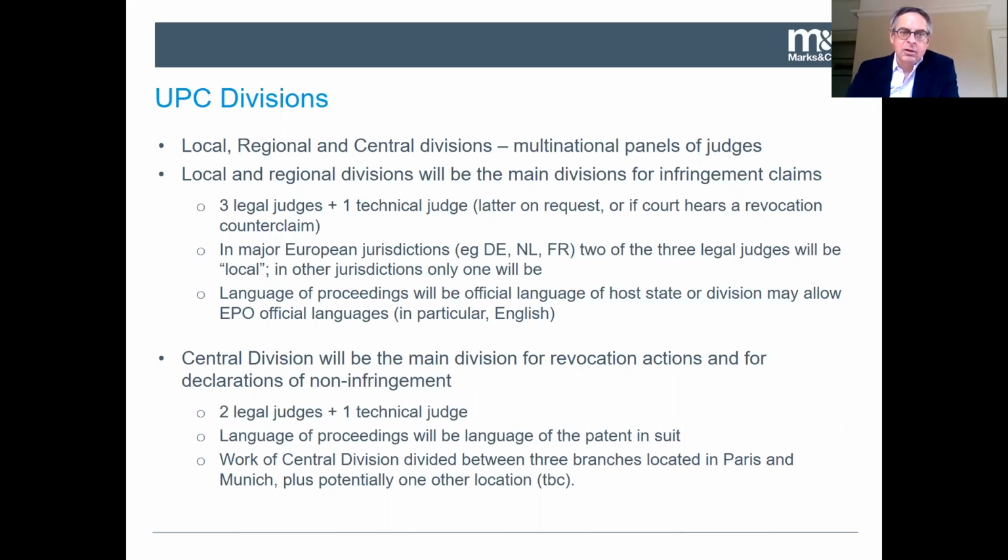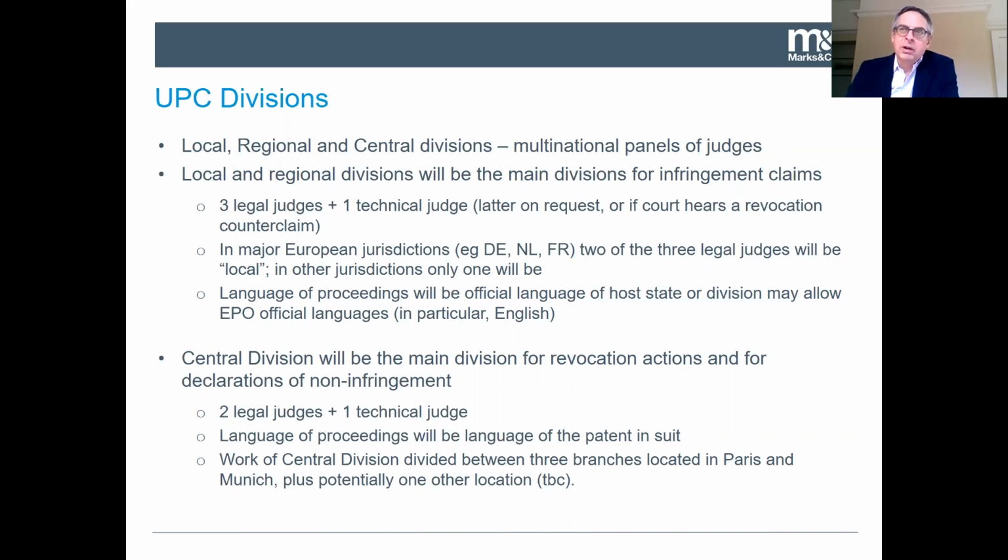The plan is that where you have jurisdictions that already hear lots of patent cases and therefore have judges with plenty of experience of hearing patent cases, 2 of the 3 legal judges on a local division will be local, so to speak, therefore of that jurisdiction, but there will be 1 additional judge of different nationality.